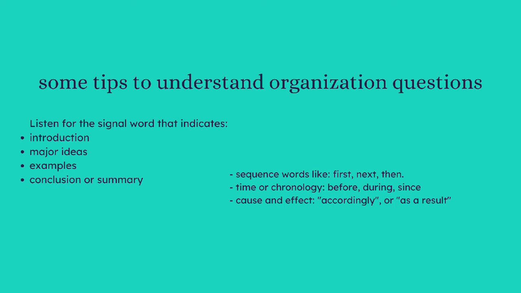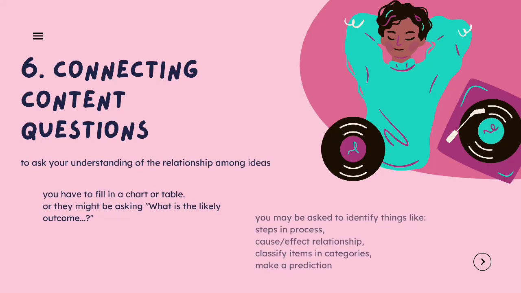This may be sequence words like first, next, and then. Or they may indicate time or chronology, like before, during, or since. Or they could show cause and effect, like accordingly or as a result. These signal words are good clues for when to take notes.